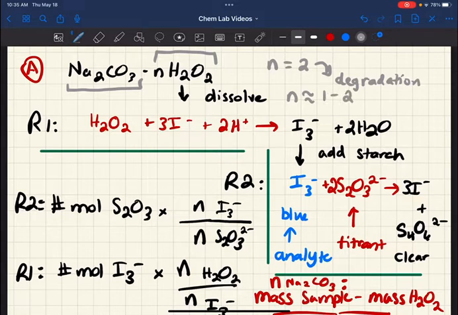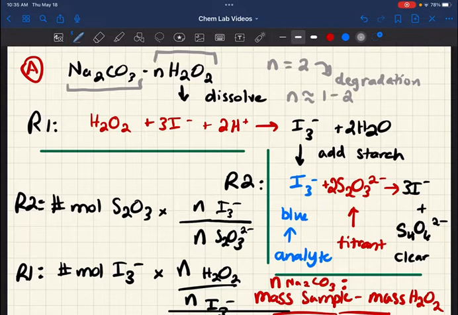That means you might have some of these with 2 attached, some with 1 attached, some with none attached, but you can get an overall average to determine what the average value of N is in your sample. And so that's what we want to do.